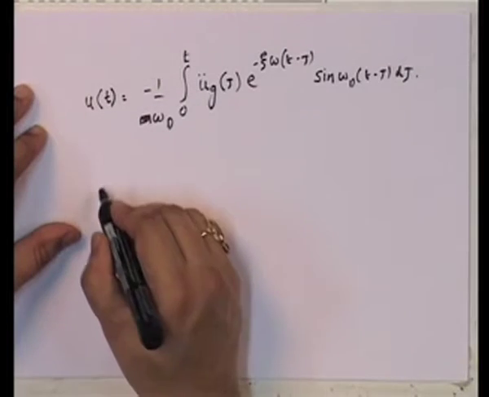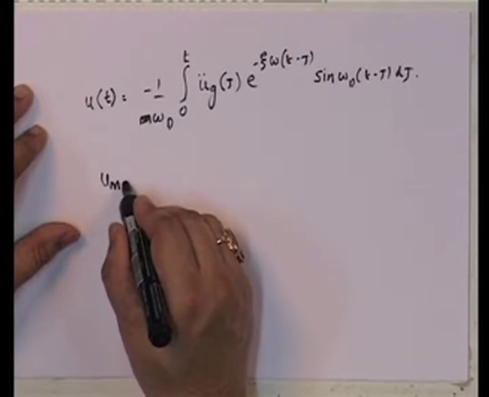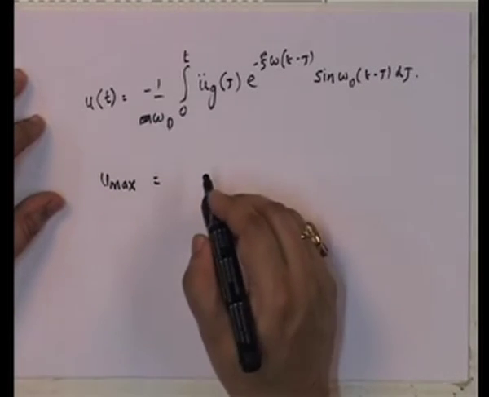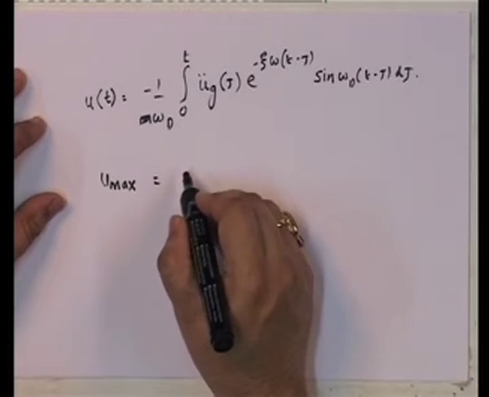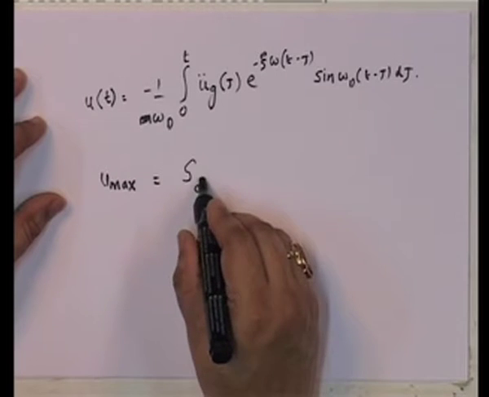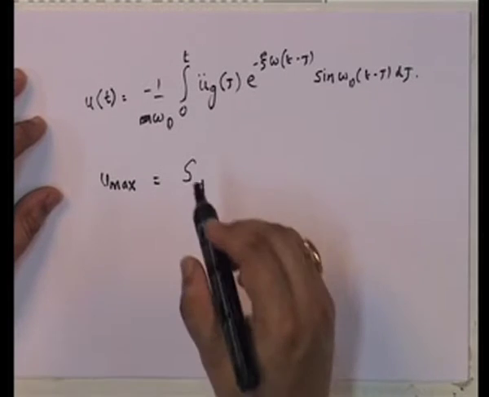If you look at this, what does u max depend on? I'll define u max as, what does this depend on?